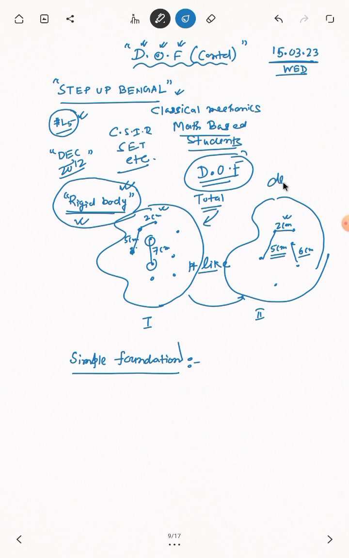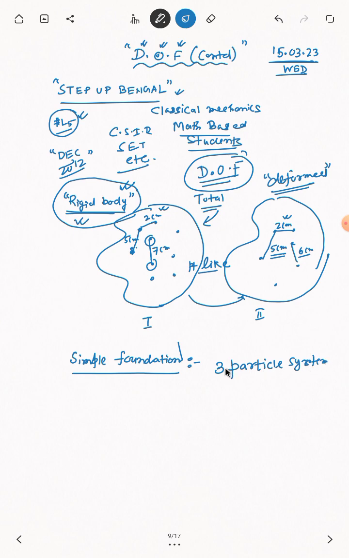That new body will be deformed. That is not the subject of discussion here. We should not discuss it in our syllabus of CSIR NET or SET. So what is the simple foundation? That simple foundation is called, in the physics background, the three particle system.